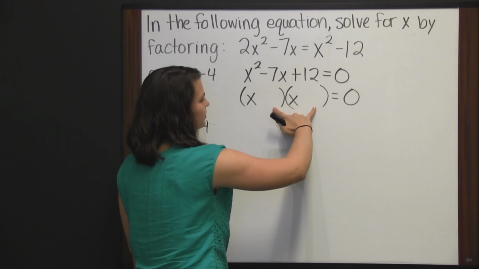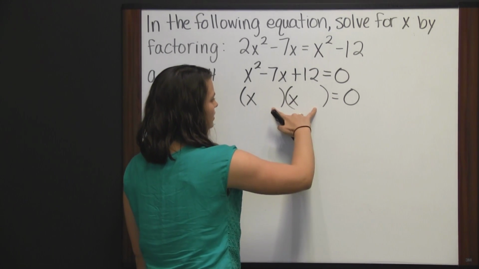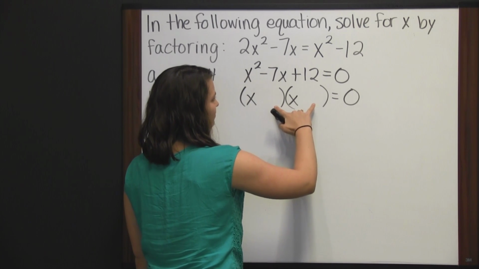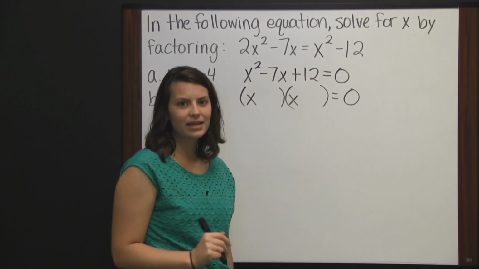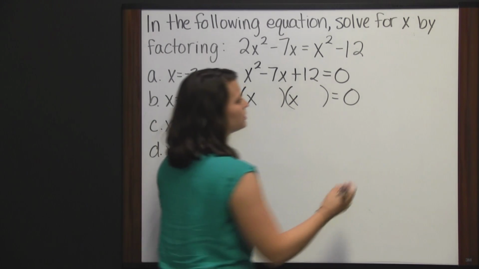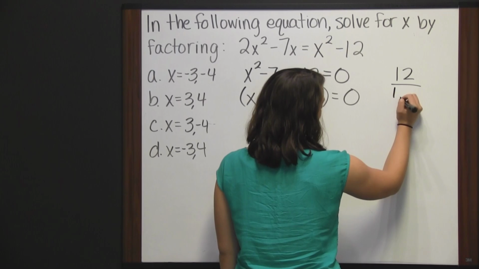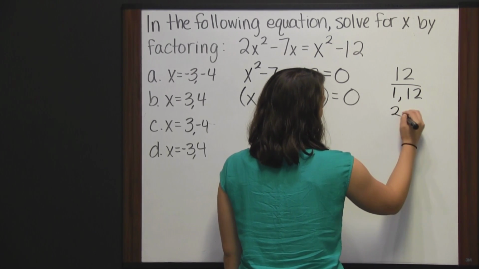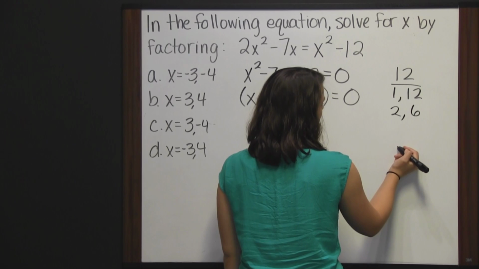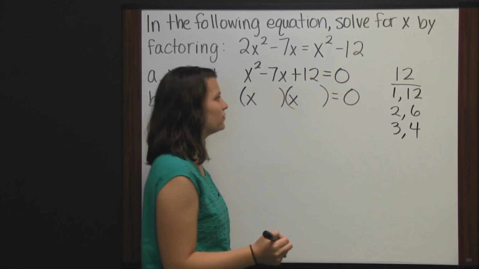To find the second numbers in each binomial, these numbers must be factors of 12 that add to be negative 7. Let's start by looking at the factors of 12. 1 and 12 are factors of 12. 2 and 6 are factors of 12. And also 3 and 4 are factors of 12.